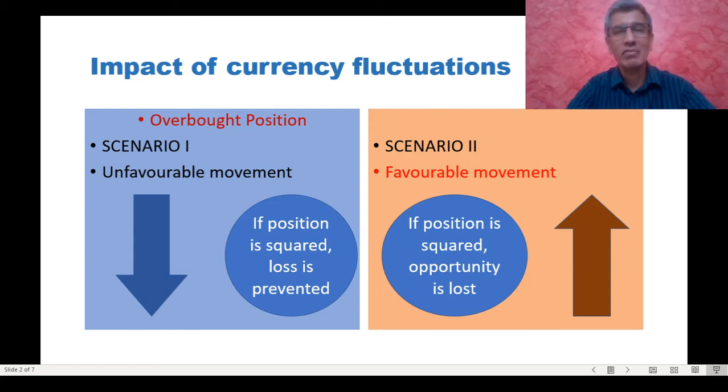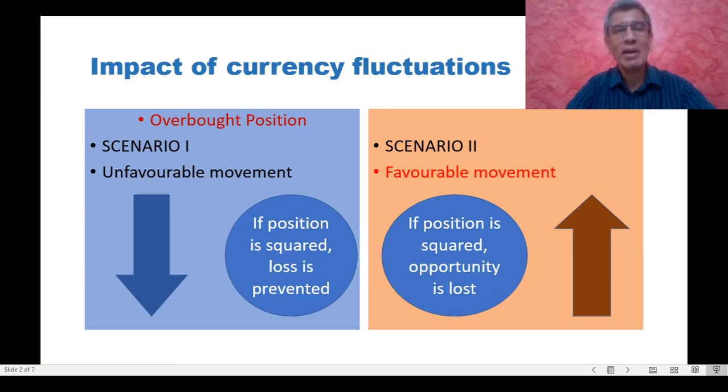But if the FX dealer predicts that the exchange rate movement will happen in a favorable direction, then it makes sense to continue to hold an open position to earn profits from a favorable movement of currency rates.